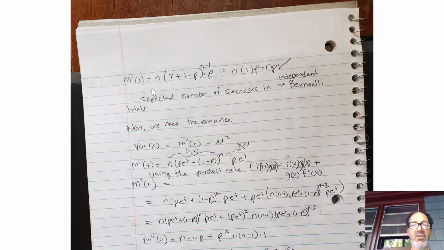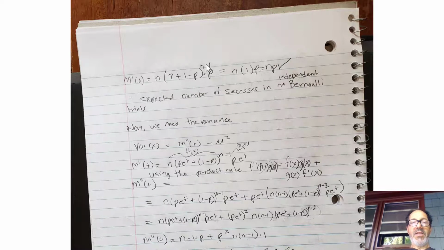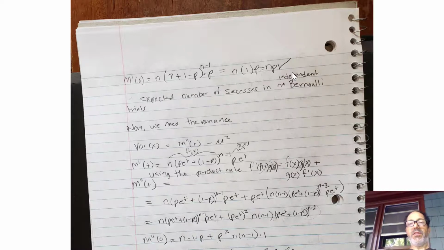Set equal to 0, so t becomes 0, so we get n times p plus 1 minus p, to the n minus 1, times p. Here p minus p is 0, so this is 1. So we get n times 1 times p, which is n times p, and that is our mean for the binomial distribution.